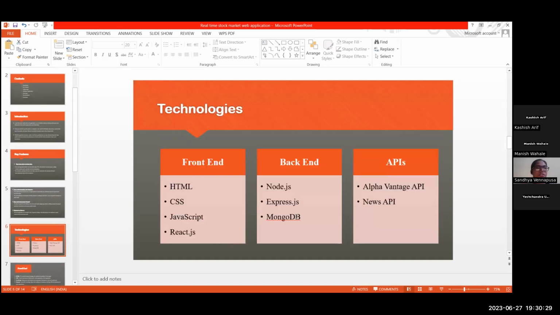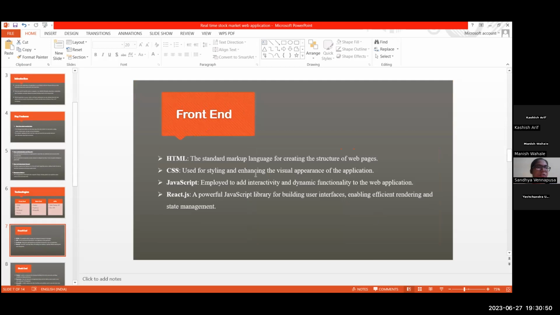These are the technologies used to build this application. In the front end, HTML, CSS, JavaScript, and React.js are used. In the backend, Node.js, Express.js, and MongoDB are used. And in APIs, Alpha Vantage API and News API are used. On the front end, HTML is used for creating the structure of web pages, and CSS is used for styling and enhancing the visual appearance of the application.